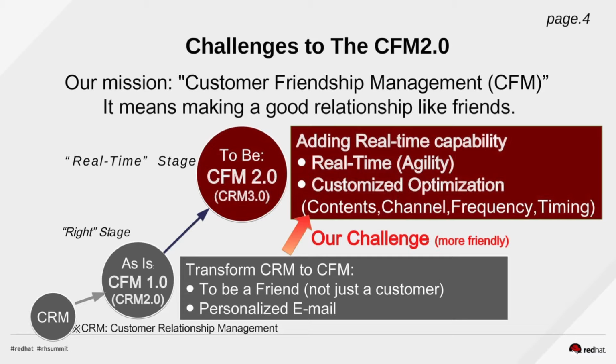At this stage, they focused on the right content and right personalized email. And then at this stage, they were already able to gain 10 times the sales volume compared to the first CRM stage.